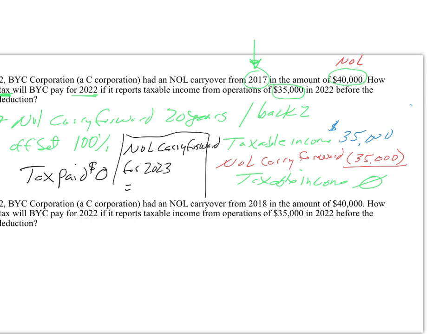So what do we have left in our net operating loss? Well, we started out with a $40,000 net operating loss. We used $35,000 of it. So we have $5,000 net operating loss carry forward to use in the future indefinitely as we can. All right, so that's the first of those questions.